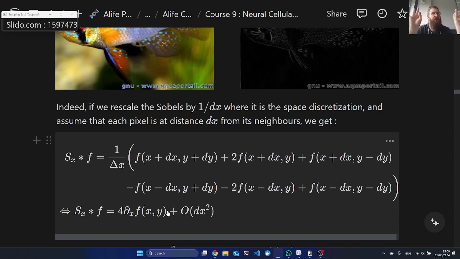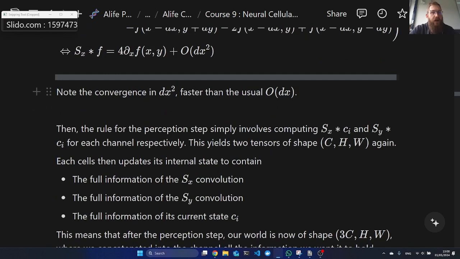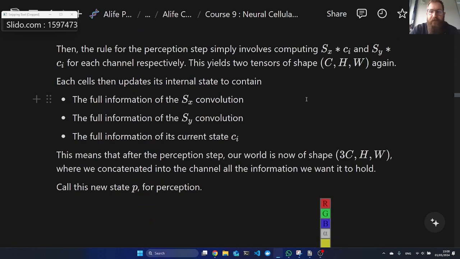So really these Sobel filters are computing the gradient in X and the gradient in Y. What it means is that when a pixel perceives its surroundings, all it can see is how much things are changing in the X direction and in the Y direction. It cannot access the value of the surrounding pixels directly.